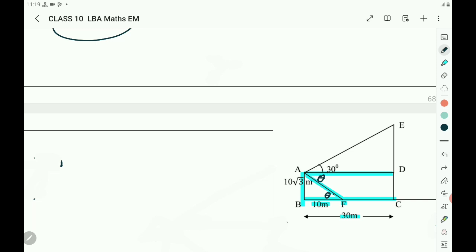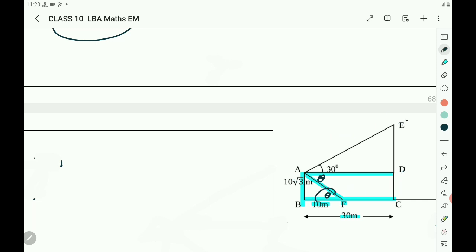So, to find CE, we have to find out DE, because CD is known, that is equals to AB. To get DE, we have to use the right angle triangle ADE. And to find AE also, we have to use the same triangle ADE.